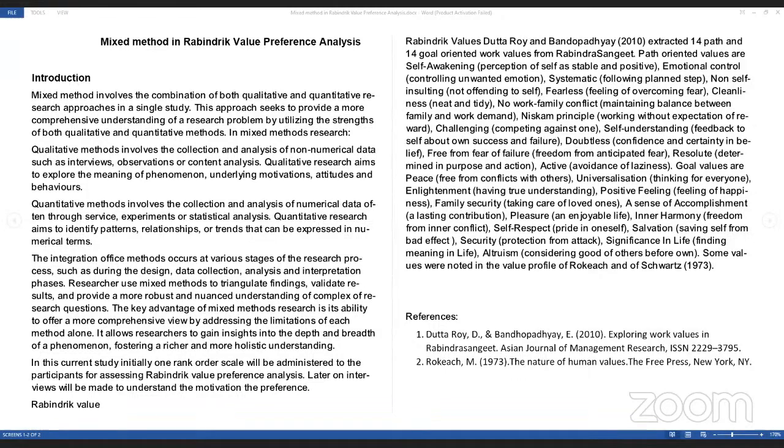In mixed method research, qualitative methods involve the collection and analysis of non-numerical data such as interviews, observations, or content analysis. Qualitative research aims to explore the meaning of phenomenon, underlying motivations, attitudes, and behaviors.